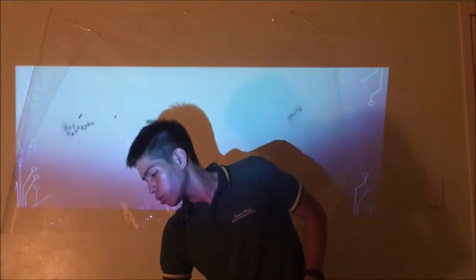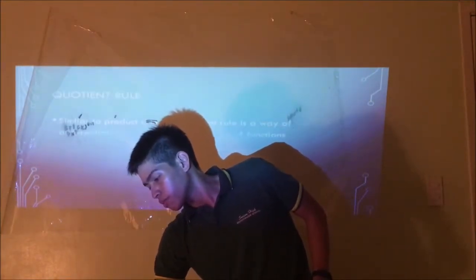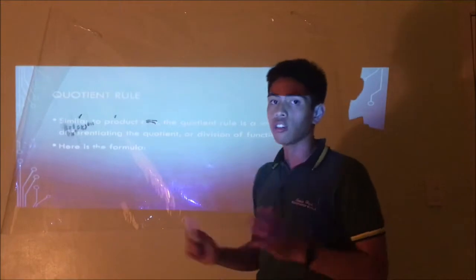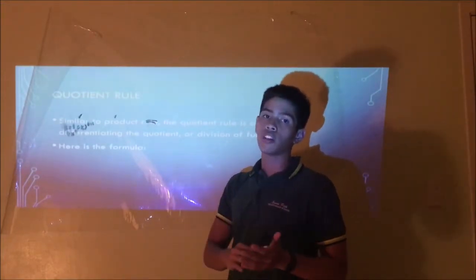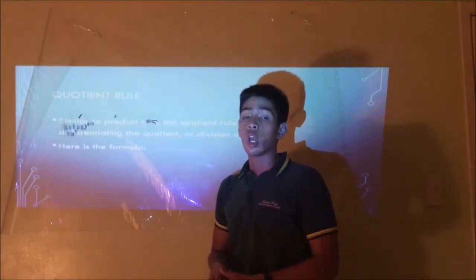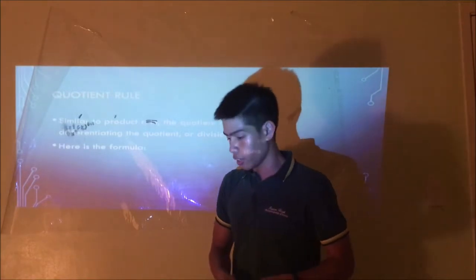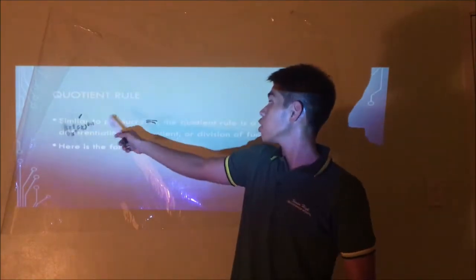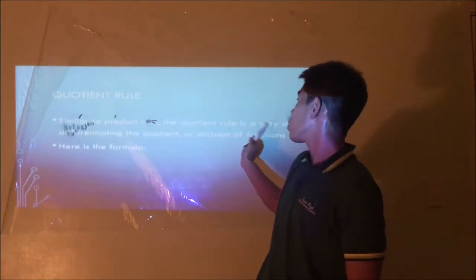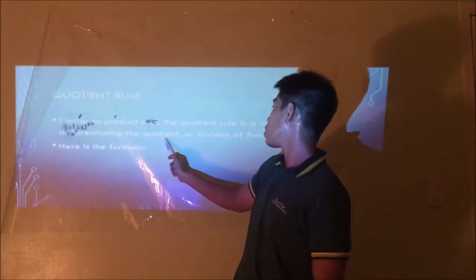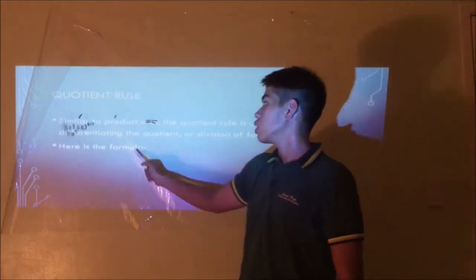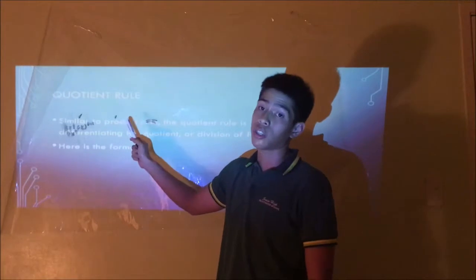Next, we go to quotient. Quotient rule is similar to product rule, but instead of adding, we are gonna subtract. Similar to product rule, the quotient rule is a way of differentiating the quotient or division of functions.